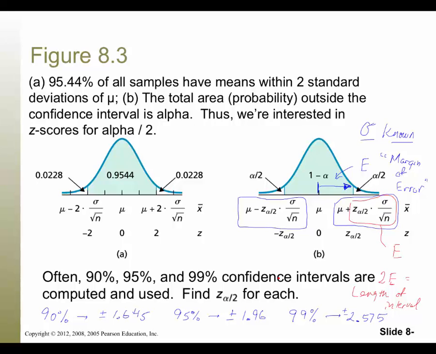So if you've got a 95% confidence interval, that'll happen about 1 out of 20 times, or 5% of the time. Your sample was just off from the real population, just because that'll happen once in a while.